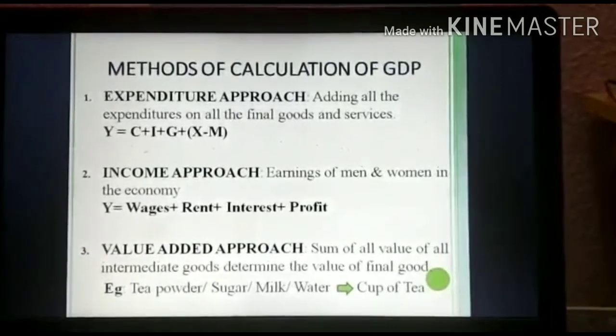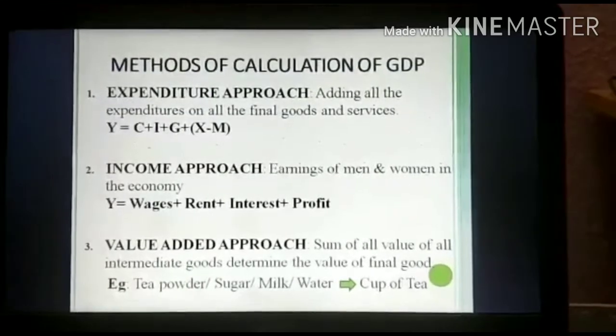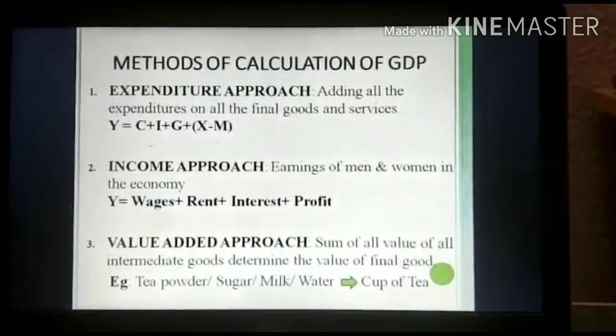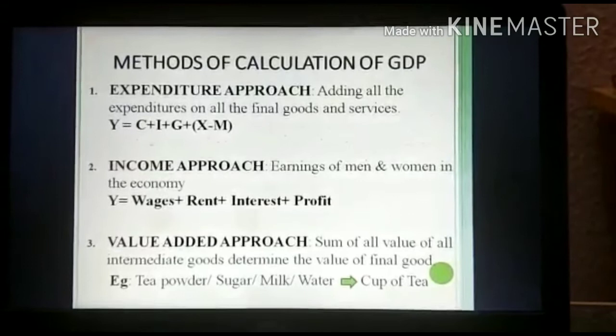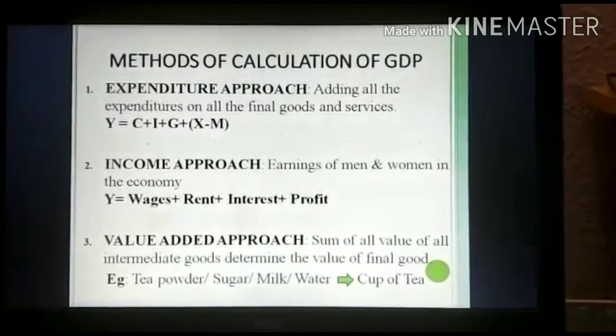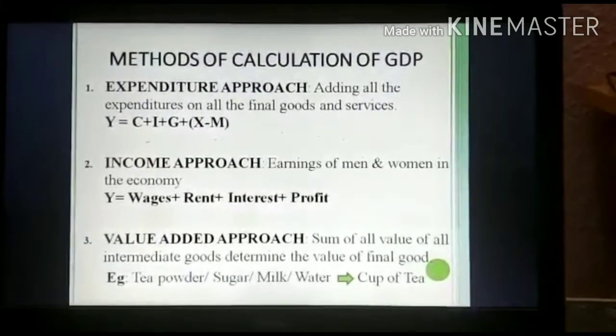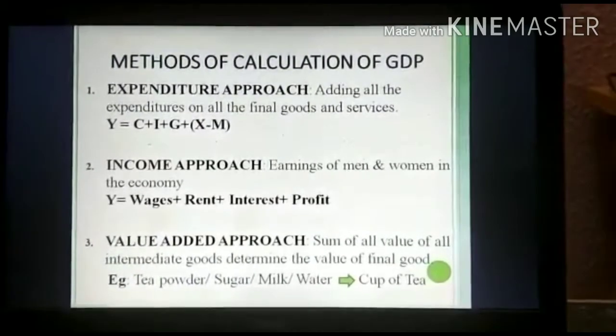The second one is the income approach. Under this income approach, we add all the earnings of both men and women in the economy. That is the way in which people earn income. Do you know the 4 factors of production: land, labor, capital and organization?